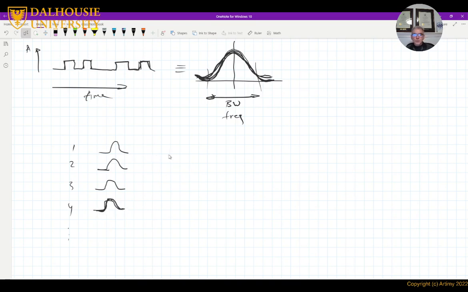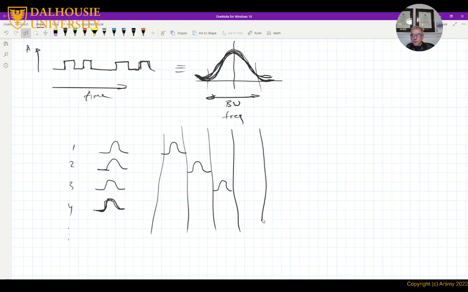We need to move them so that the first one occupies one bandwidth, one channel. The second one occupies another channel, the third one occupies a third channel, and the fourth one occupies a fourth channel, and so on. So they don't overlap in frequency, right? Each one of them occupies one part of the spectrum instead of all occupying the same frequency range.